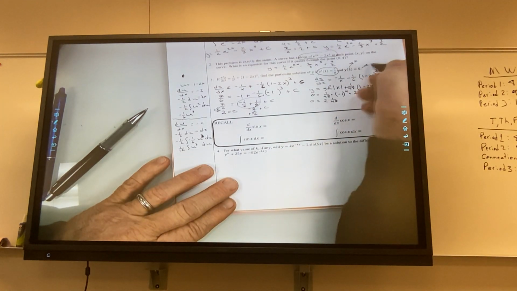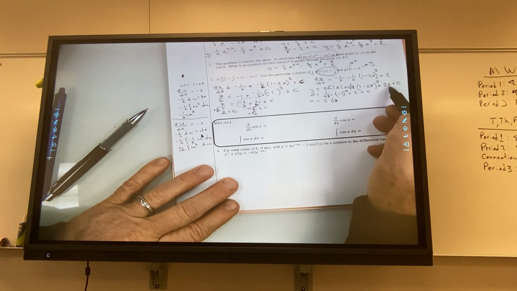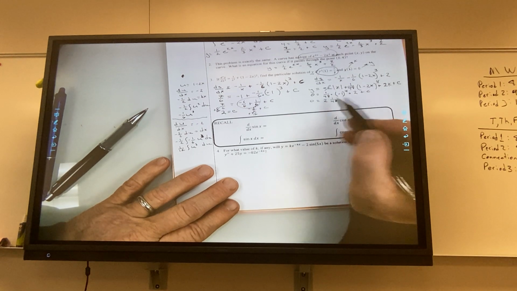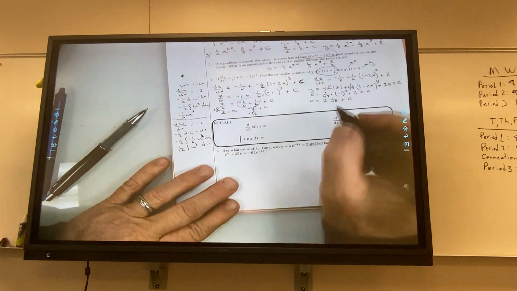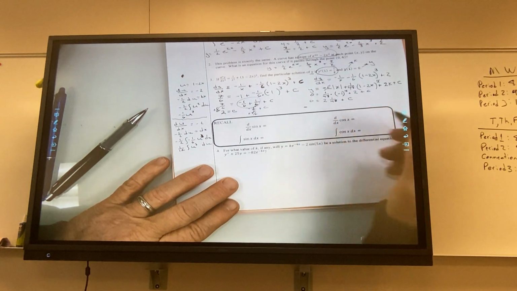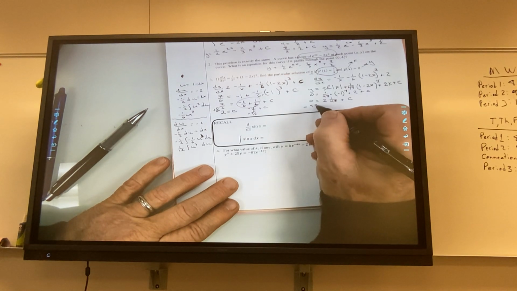Y is 0. So when I put a 1 in here, I get 2. Okay. Plus C. Negative, would you agree with that? Walker? Yeah. 2 times 48 is 96. So negative 97 over 48.